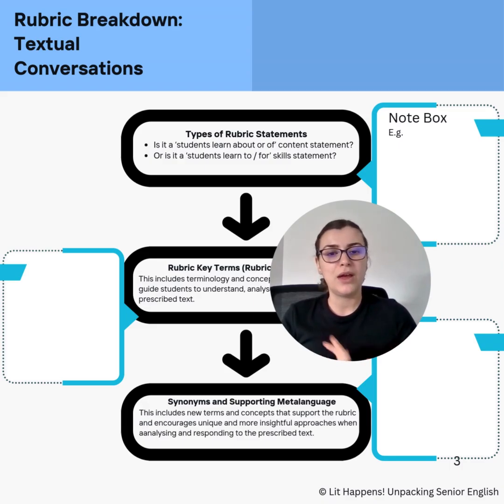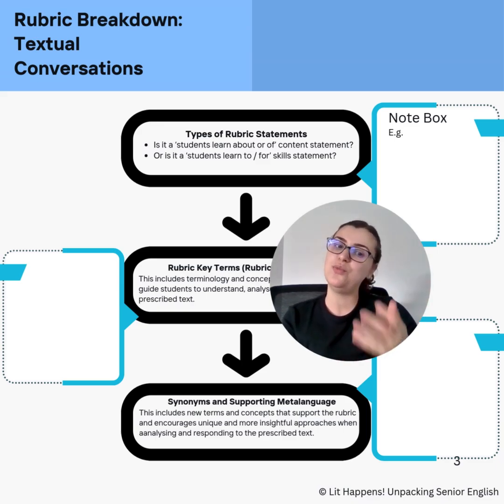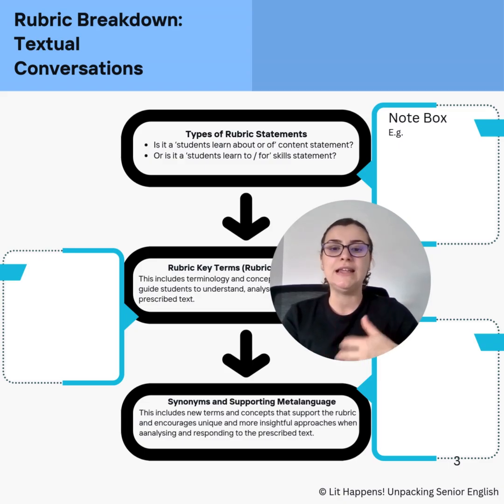And then another great way to approach this is if you do have any student samples or exemplars, or you have access to a Band 6 response, even just looking at something as simple as the introduction of that essay and having students identify where aspects of the rubric have been represented in that student's introduction and how the rubric is being used to lead that analysis.